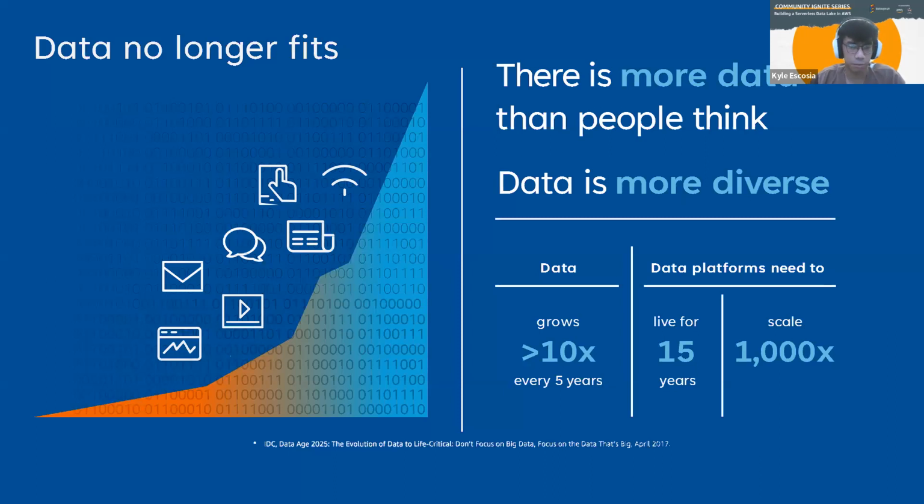You don't need to worry about the maintenance and patching of those systems, and you just pay for what you use. They also predict that data grows 10 times every 5 years. So that's one of the things a data lake addresses.